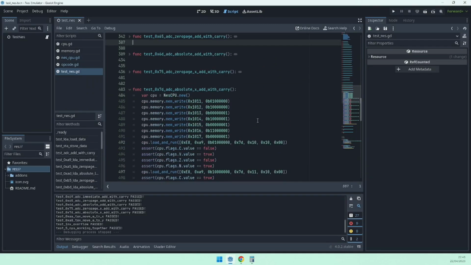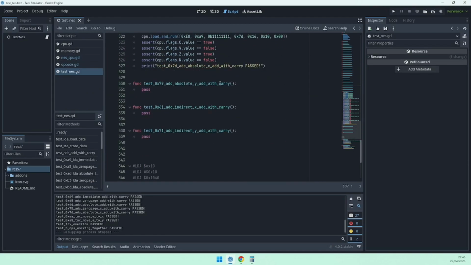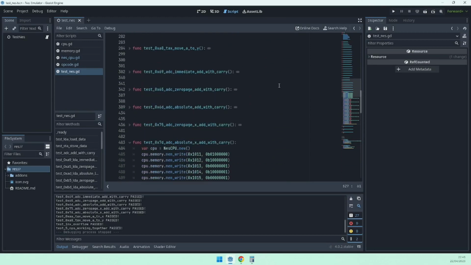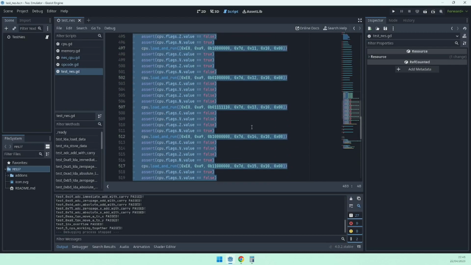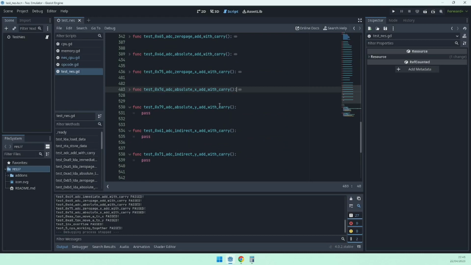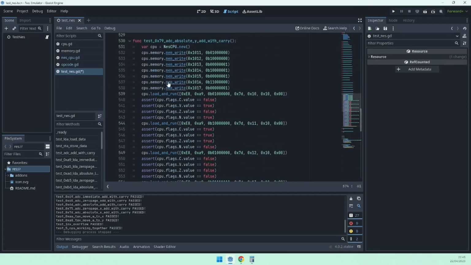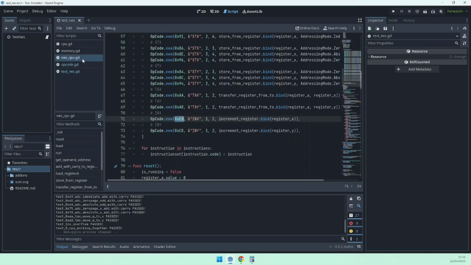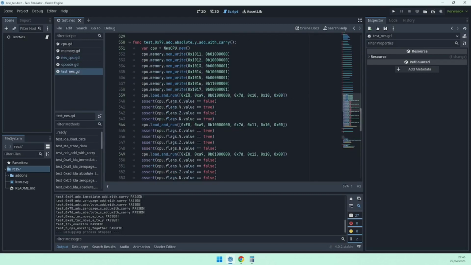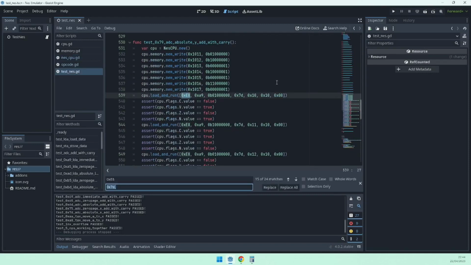Moving on. The next one is absolute Y. So it's almost the same as absolute X. Copy it. Paste it, and now instead of increasing x, I will increase y, which is C8. Let's replace it.